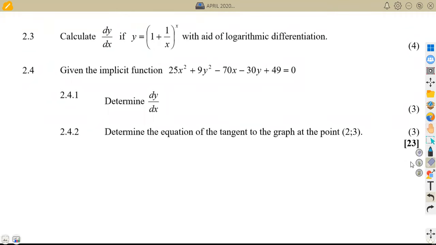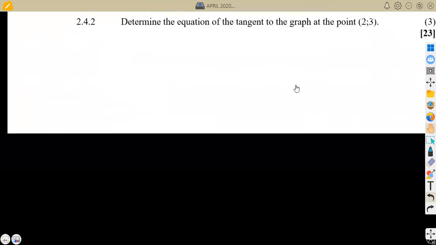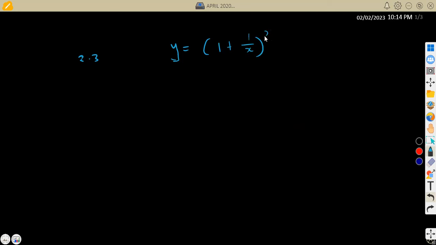Anyways, what do we have in this case? Let's just write our question 2.3, where we are given that y is equivalent to (1 plus 1 over x) to the exponent of x.